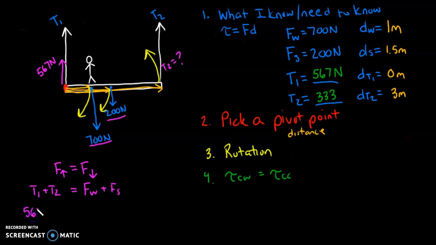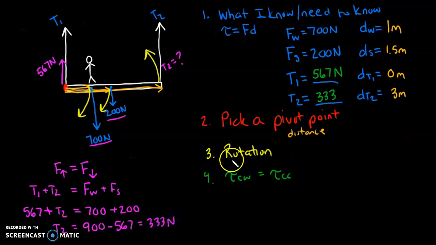So 567 newtons plus T2 is going to equal 700 newtons from my window washer and the 200 newtons from my scaffolding. So T2 is going to equal 900 minus 567, which equals our 333 newtons. Okay, same answer we got by doing the whole torque rotational equilibrium steps.